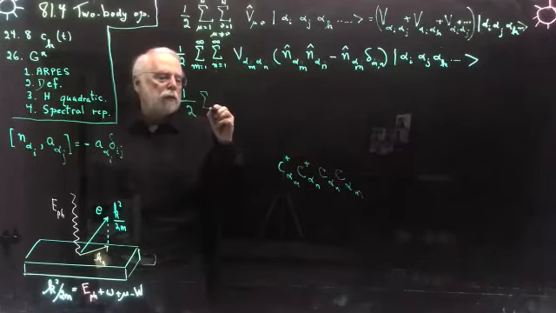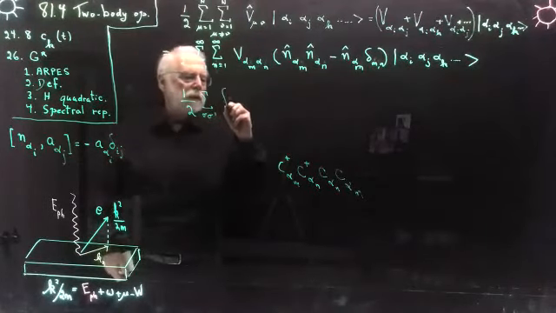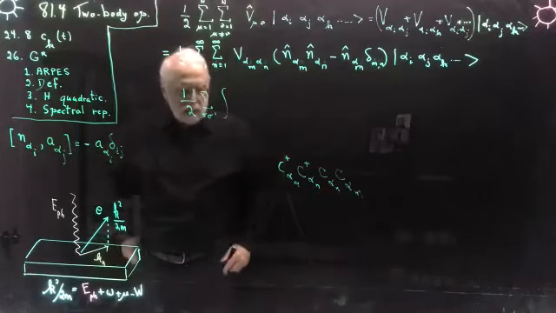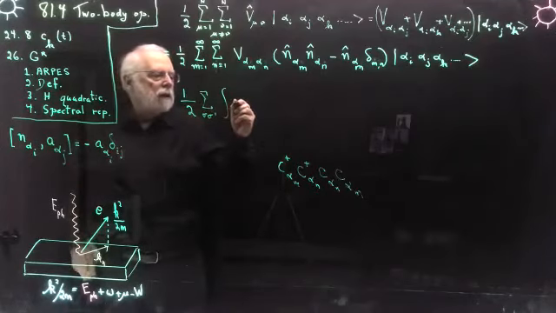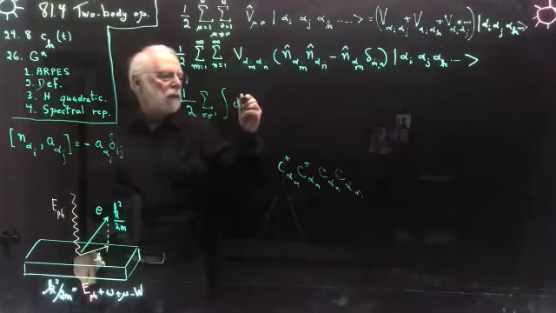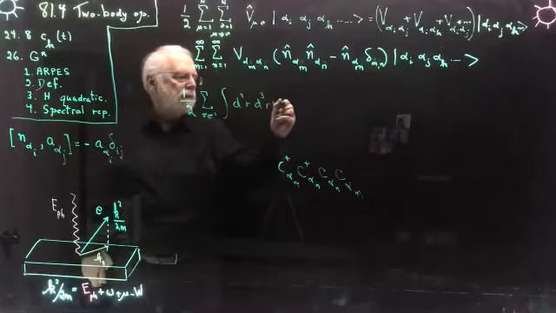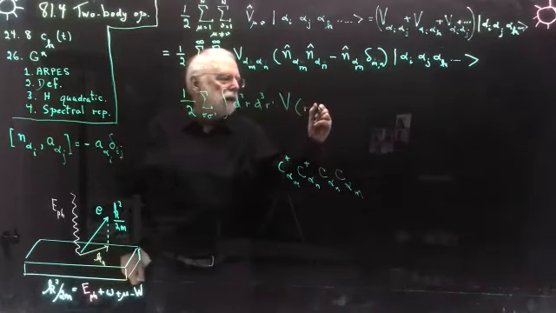We have sum over spin sigma sigma prime, and then I have integral d cube r d cube r prime. Then I have the Coulomb interaction v of r minus r prime.